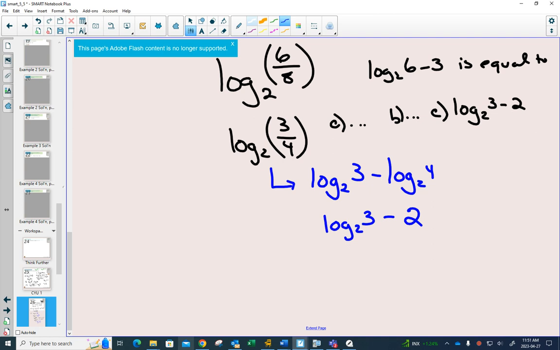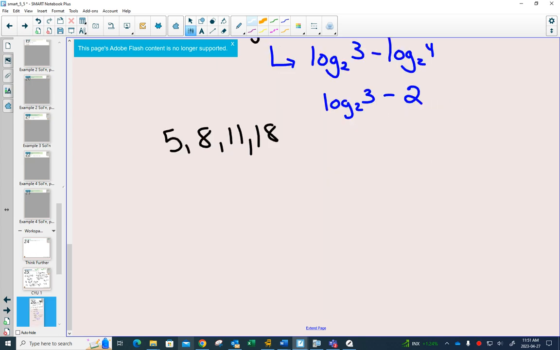So you can play around with logarithms and change what they look like, but still have the same answer. Questions for practice on this one are 5, 8, 11, and 18.